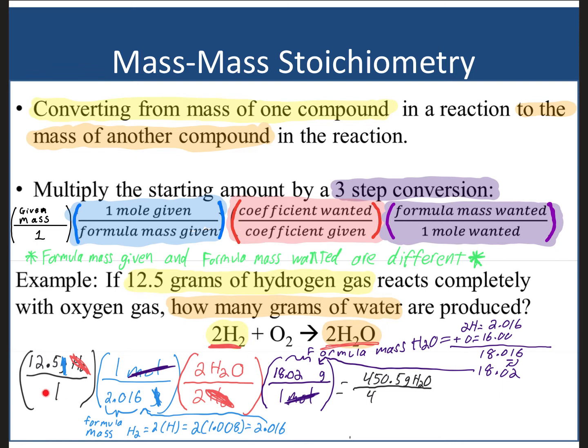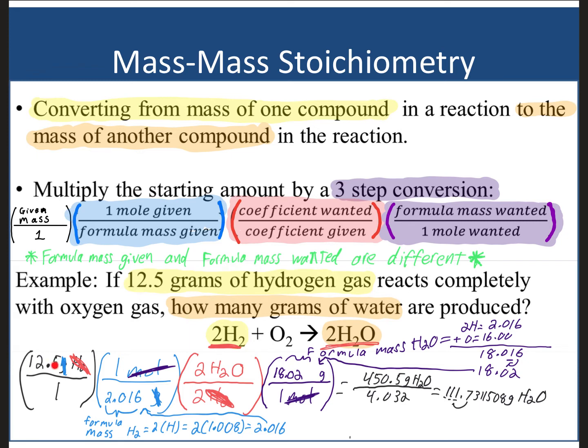I multiply my bottoms: 1 times 2.016 times 2 times 1. I get 4.032. Now I divide, and I get 111.7311508 grams of water.